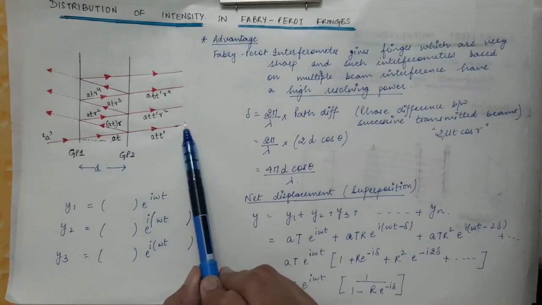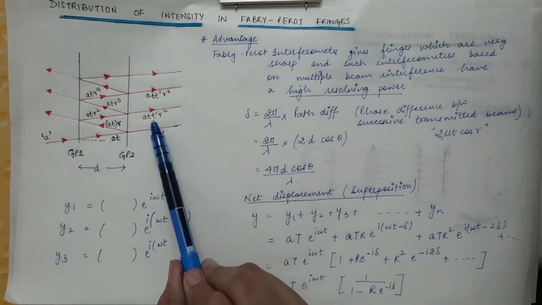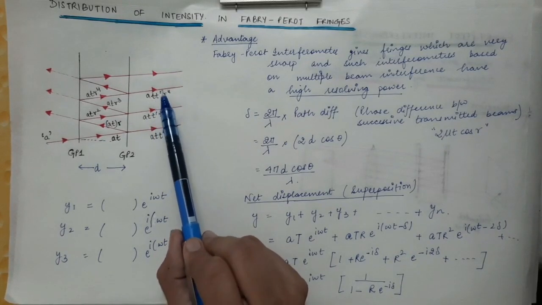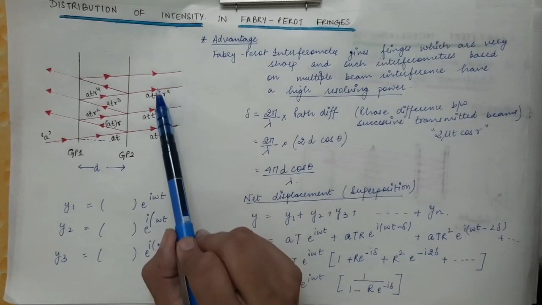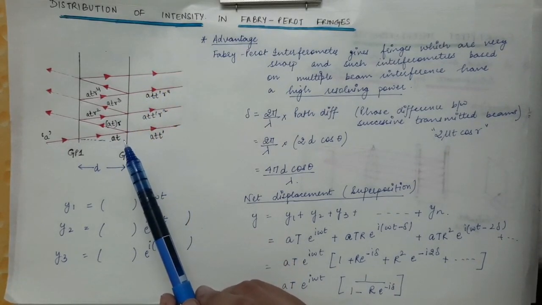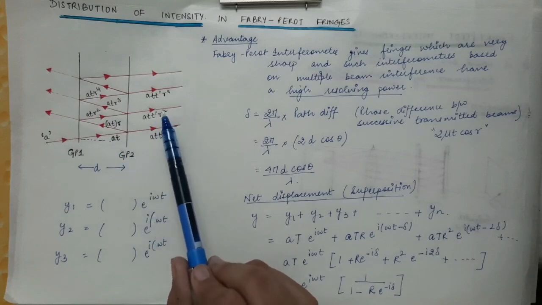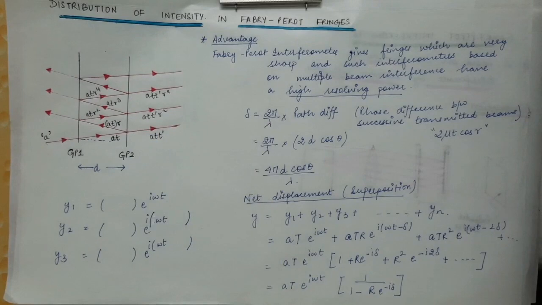This is the first transmitted ray, this is the second transmitted ray. So what will be the path difference between these two successive transmitted rays? There we had done the derivation of finding the path difference between the first two transmitted rays as well as the first two reflected rays.